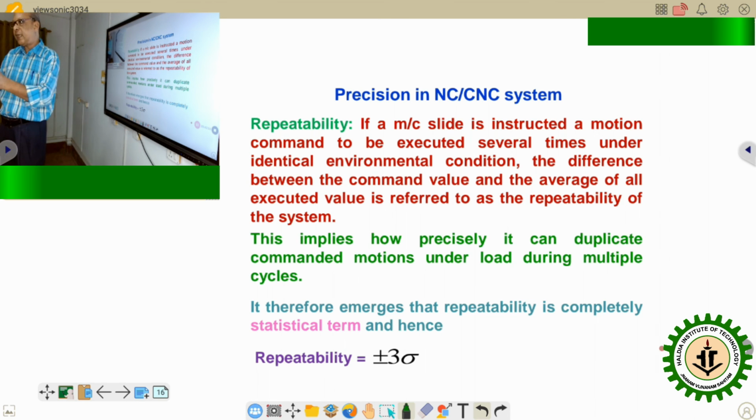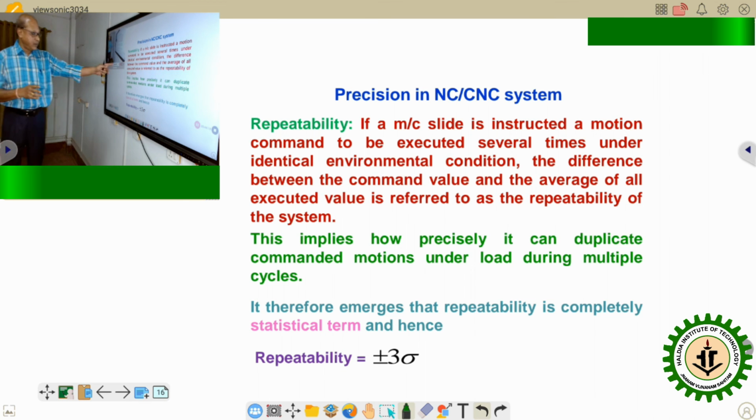So if you take the data or average of all these actual drawn values, compared with what I was told to draw, a line of 100 millimeter, that will give you the measure of repeatability. That implies how consistent I am in drawing lines.